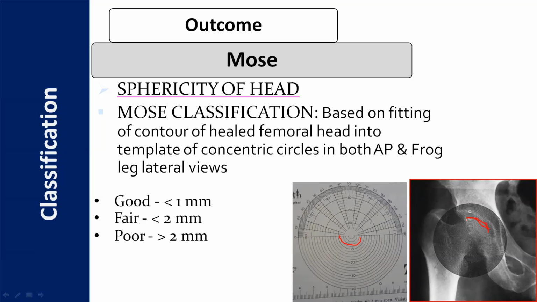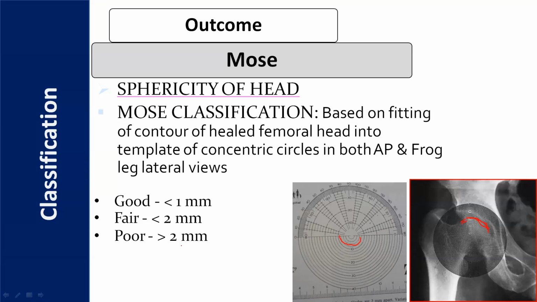But if there was a depression over here, it depends on the size of the depression. So a depression could be either like this, or it could be like this. So here there's more than one circle difference, so it's more than 2 millimeters difference, while here it's less than a circle difference, so it's less than 2 millimeters.